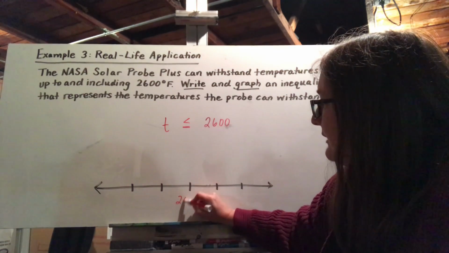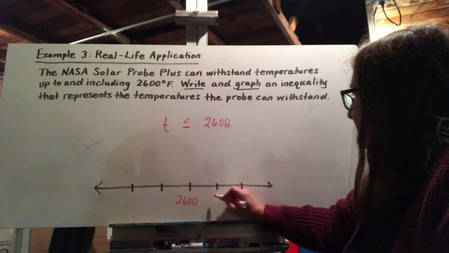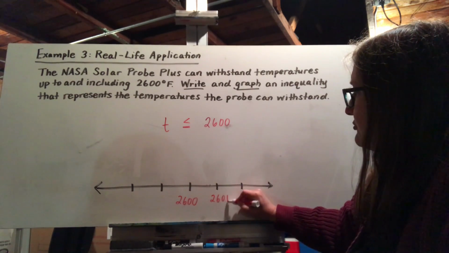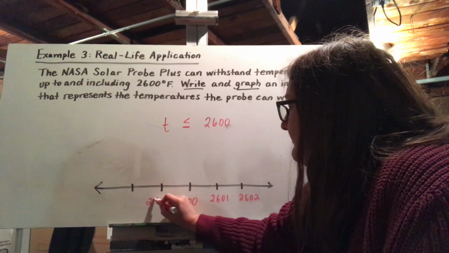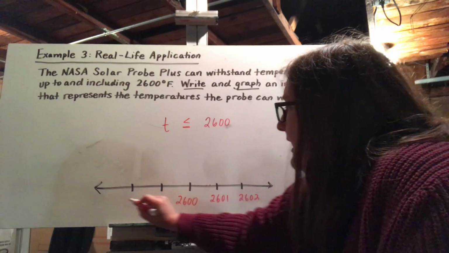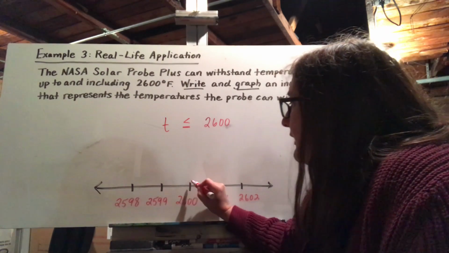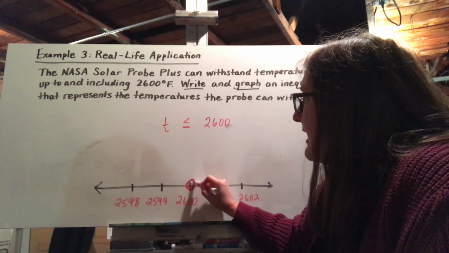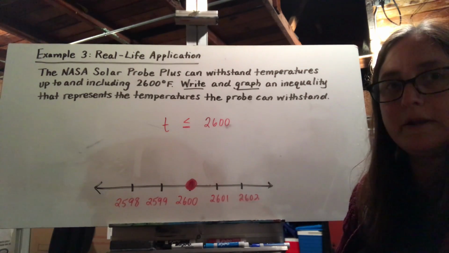So I'm going to put 2,600 on my graph here. And a couple of numbers larger and a couple of numbers smaller. And in this case, I'm going to be using a closed circle at 2,600 because I have the equal sign in my inequality.